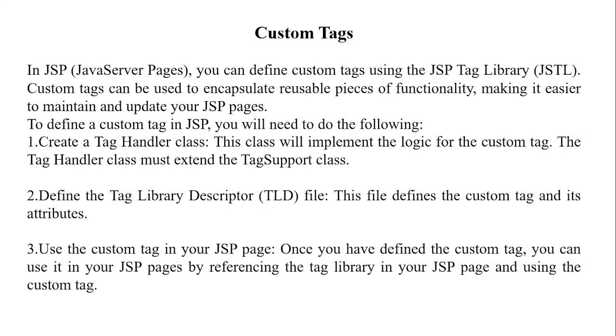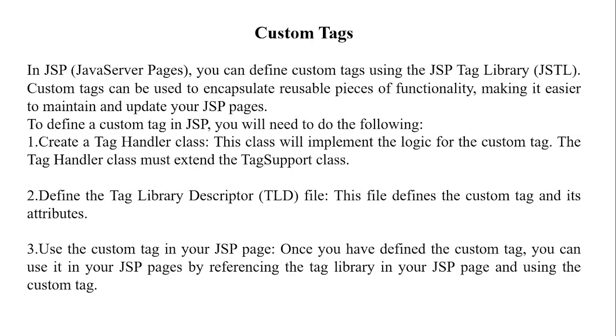Like XML, we define a TLD file, and this TLD file is the tag library descriptor file, and in this descriptor file we write all the custom tags and their attributes. Now once our class file is ready and our TLD file is ready, use the custom tag in your JSP program.